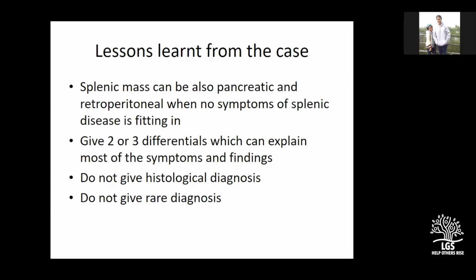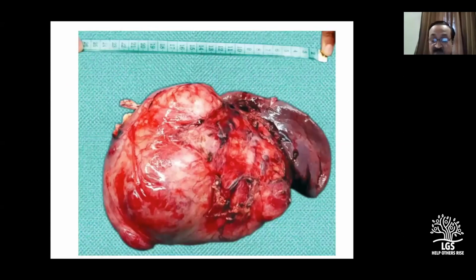Don't give a histological diagnosis like this, and don't give a rare diagnosis. So just to keep you informed, the common diagnosis accepted in this was splenomegaly, second was cystadenoma of the pancreas, and third was retroperitoneal tumor.